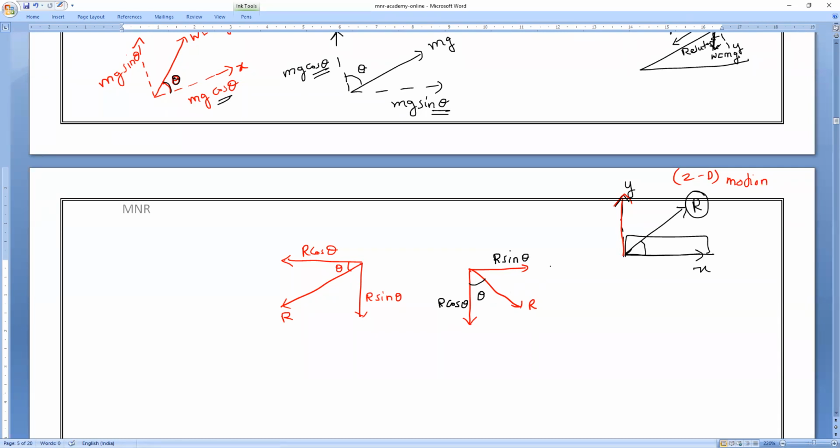That is what you should remember. Whenever there is two-dimensional motion, the force is always exerting in two different directions, one is the x-axis and the other is the y-axis. And the resultant force always acts between the x-axis and y-axis. That is what you should remember.